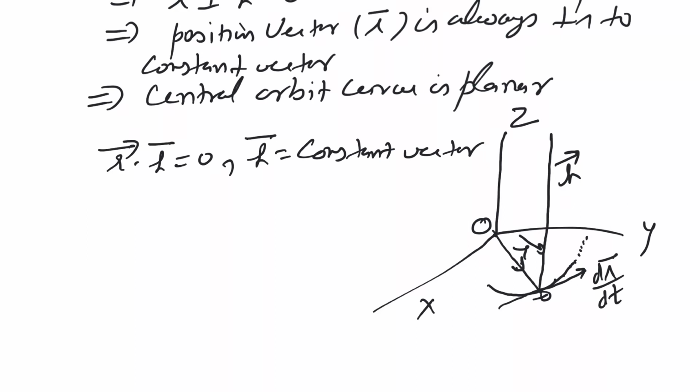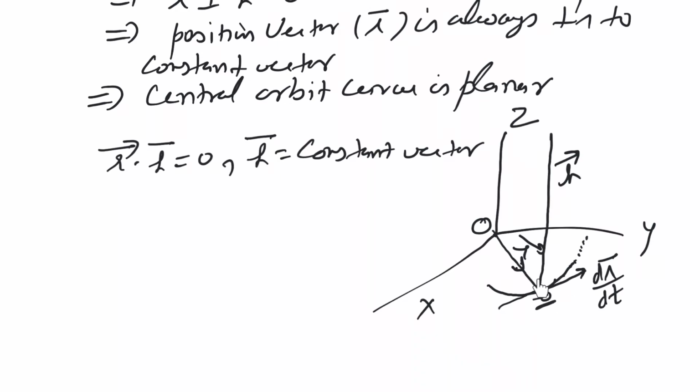So h is along the z-axis, and the curve is in the xy plane, so this describes that the curve that particle P is following is a planar curve.